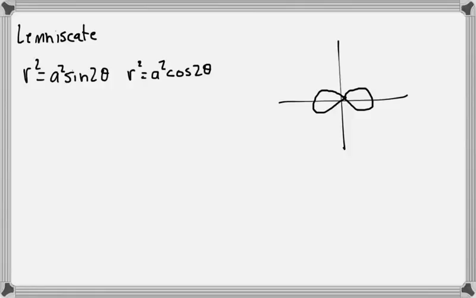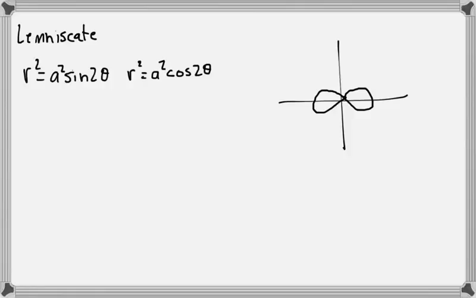Lemniscates can be vertical, but here's the trick. A lemniscate must remain symmetric to the x, to the y, and to the origin, all at the same time. Because we're limited in the way it can work, we're limited in the amount of rotation it can go through.